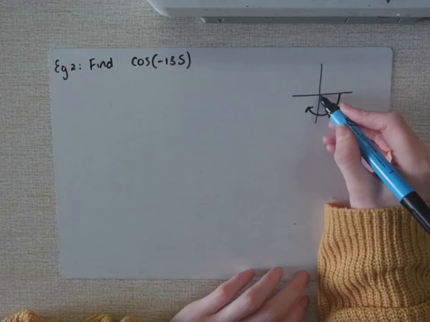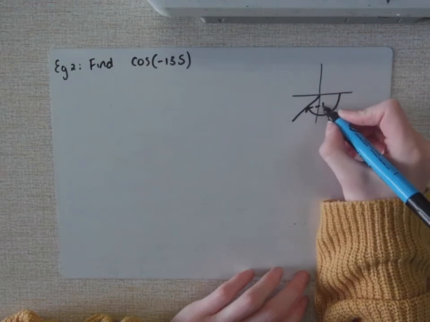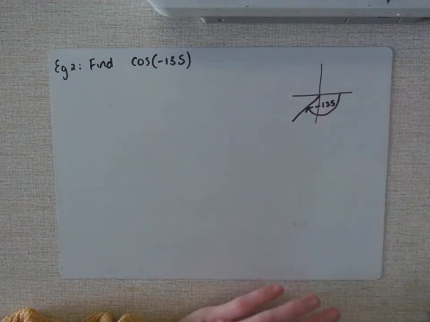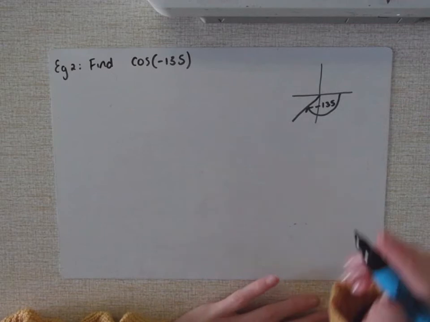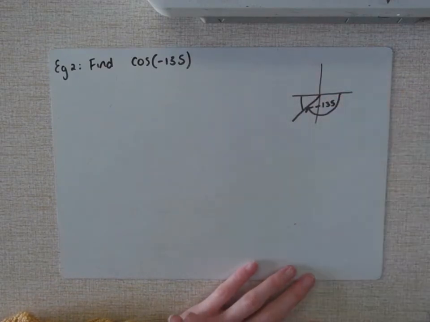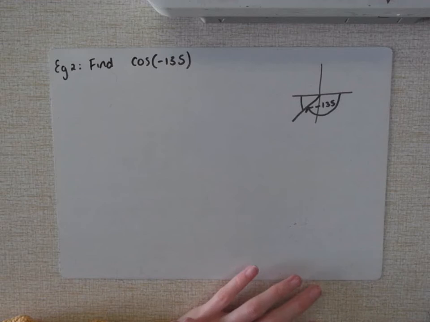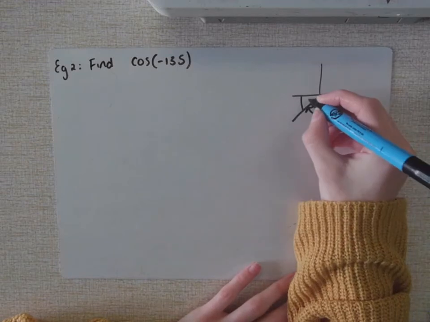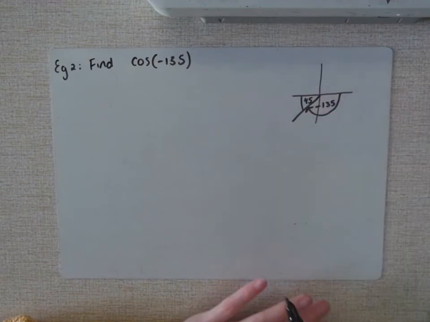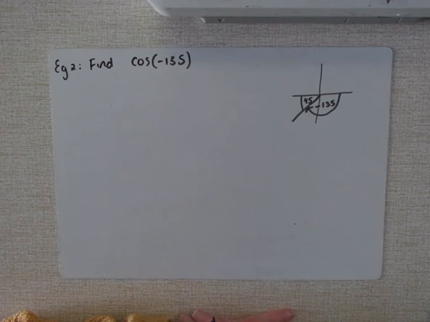Okay? So that's minus 135. What would that make my reference angle here? Yeah, so you could say 180, take 135, which is 45. So I'm interested in 45 there. Okay?